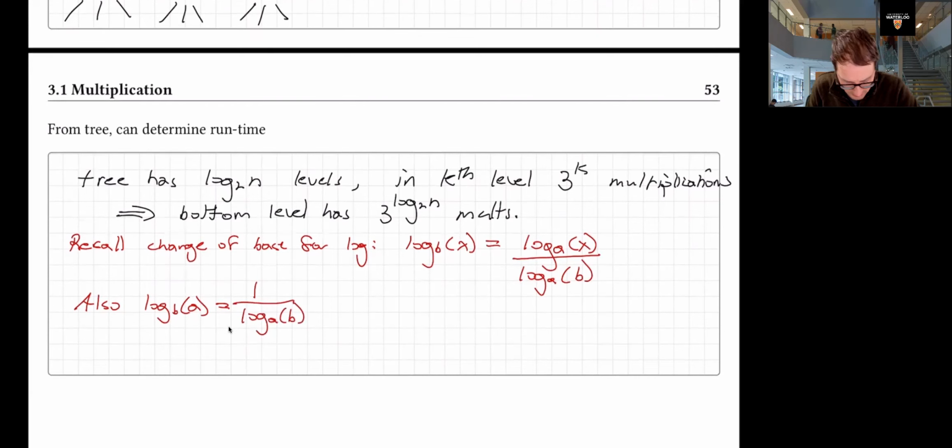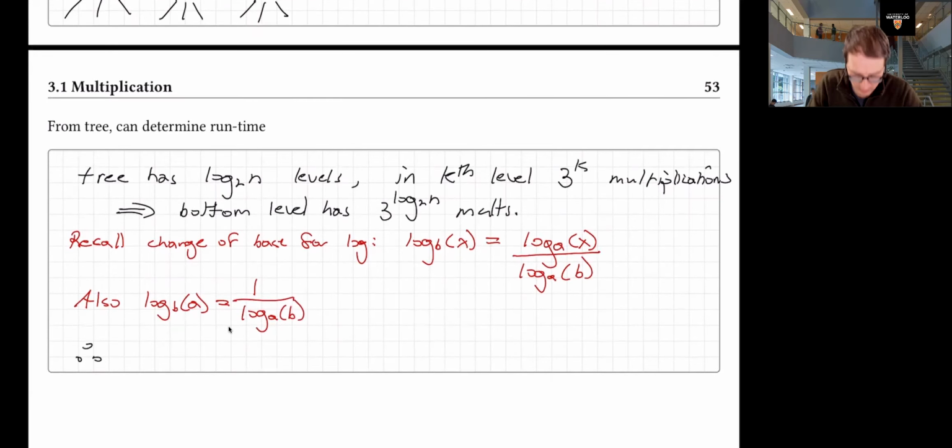And so from those two tricks, if I want to simplify this 3 to the power of log base 2 of n, I can rewrite it by changing the base to 3. Then I get 3 to the power of log base 3 of n divided by log base 3 of 2.